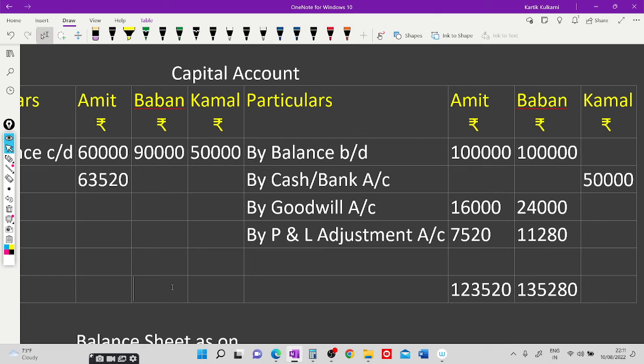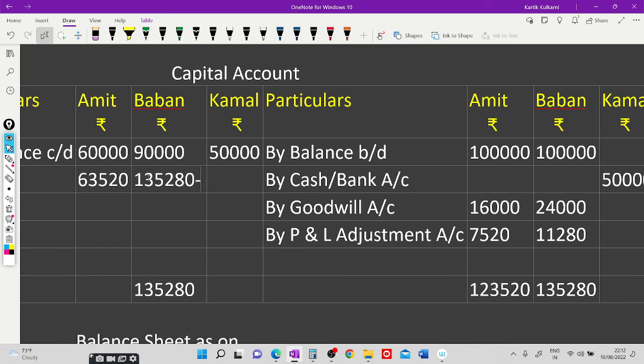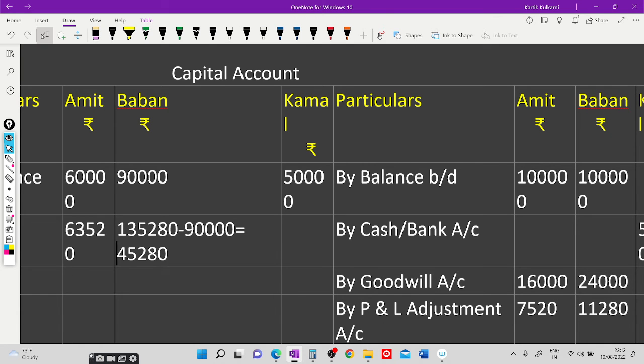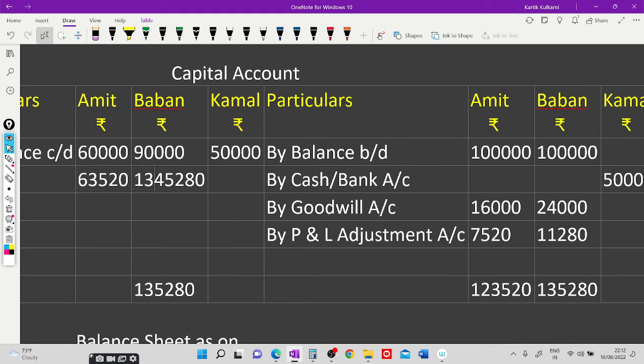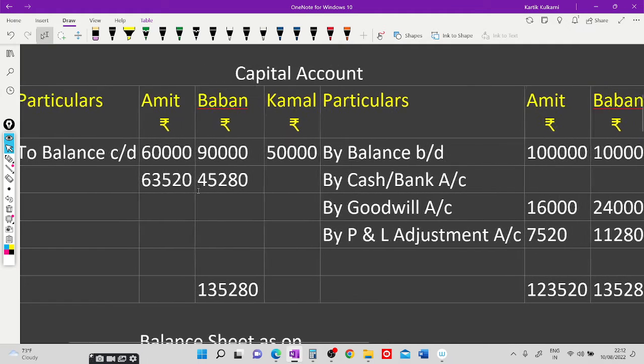Credit total is 1,35,280, debit is only 90,000. So the total here will be 135,280, since we have to balance the ledger, we write the greater amount. Now out of 135,280 we minus 90,000, so 45,280 is the balancing figure.